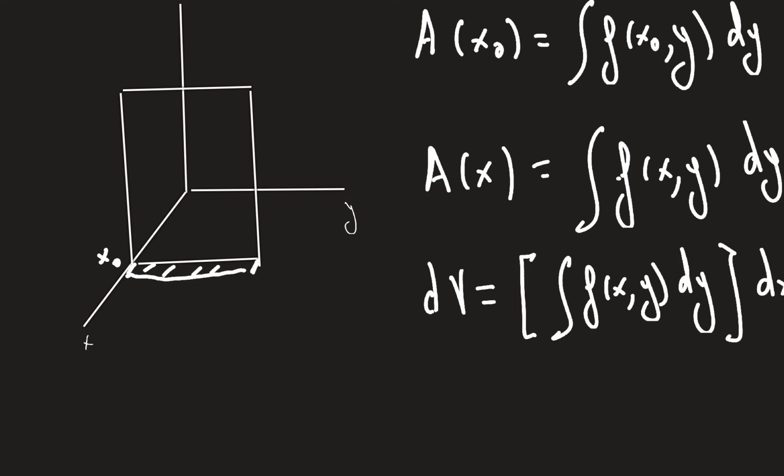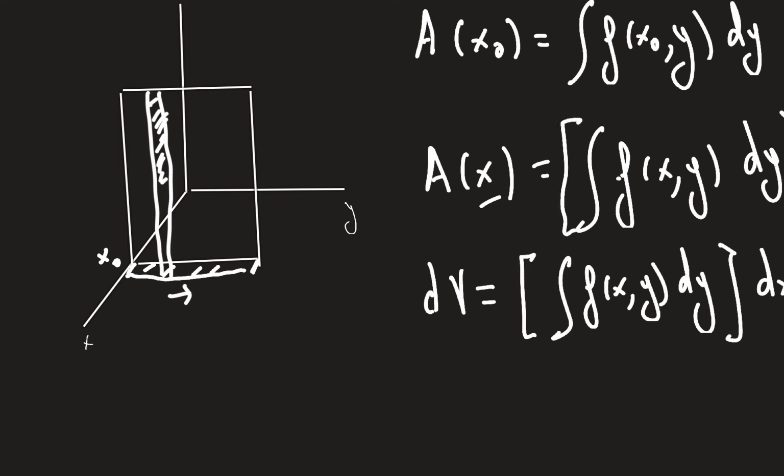So I'm summing all these values of the function in the y direction. And now I want to find the area at any generic position x, which will be this expression.